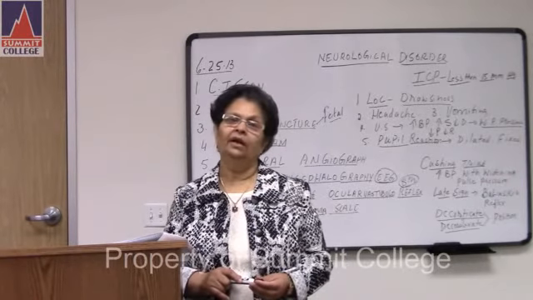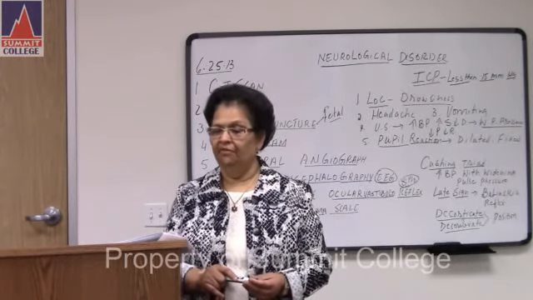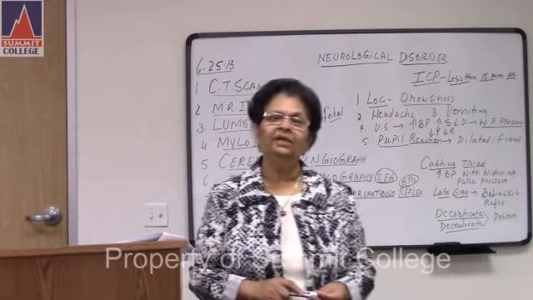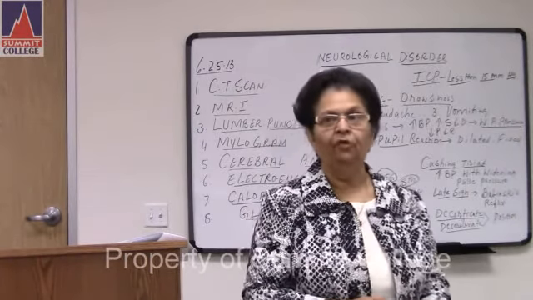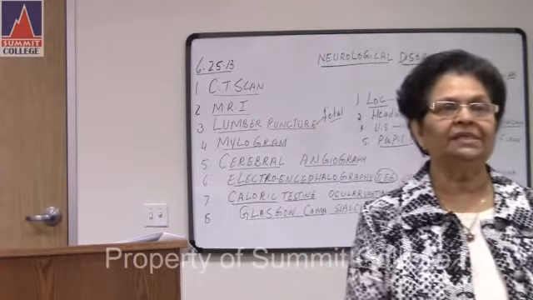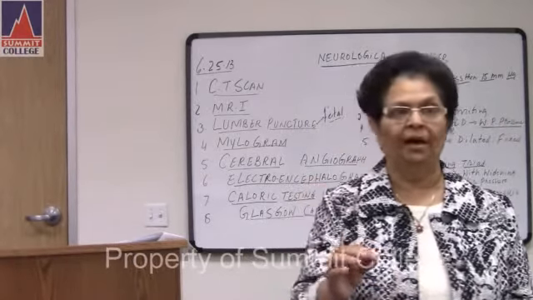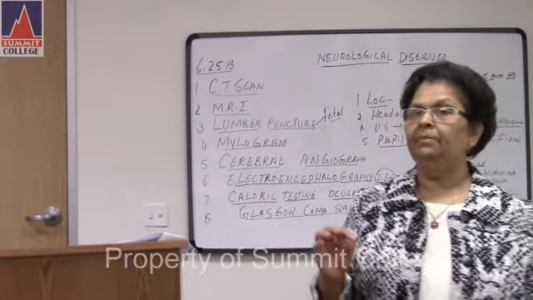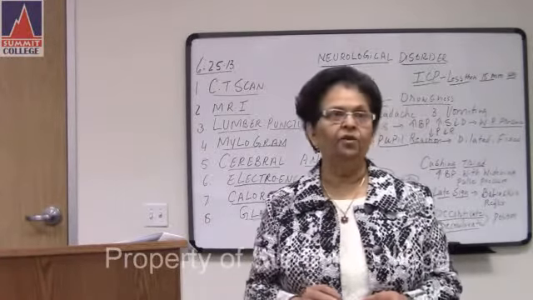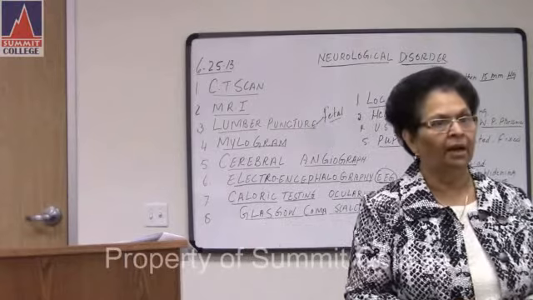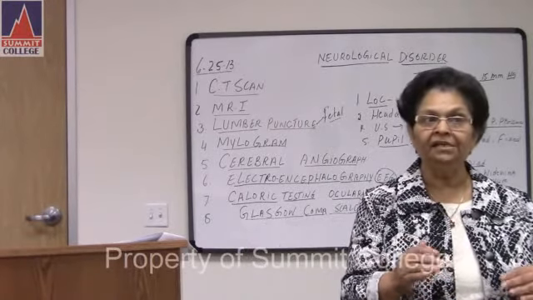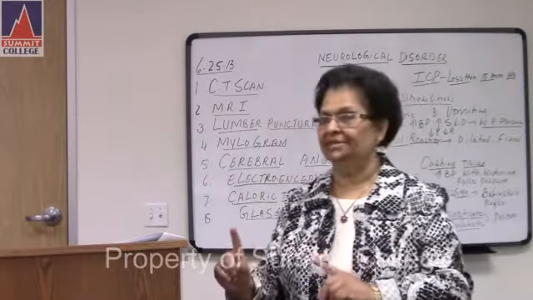Now I will move on to Glasgow Coma Scale. It is very important that we all know what a Glasgow Coma Scale is. Which patient are we going to assess? The patient with Glasgow coma. One word is coma, highlight that. But they may not give that word in the question. Instead of saying the patient is in coma, they might say the patient is unresponsive.